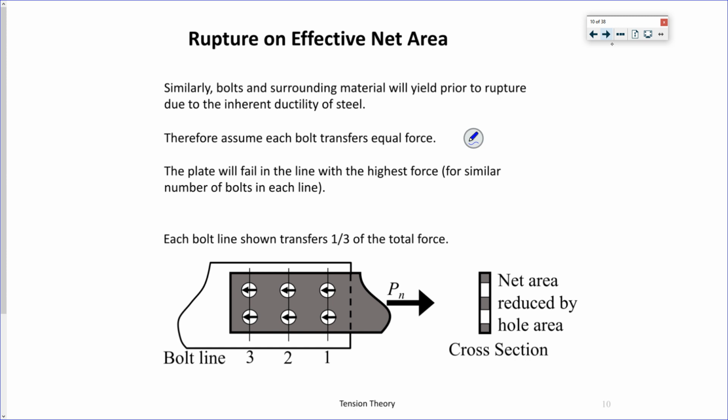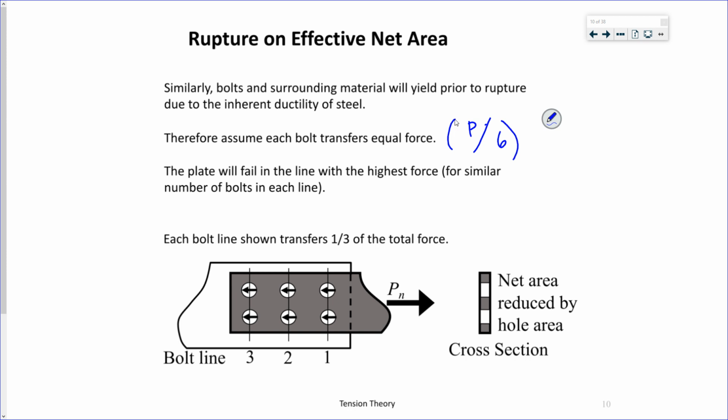So let's look at this. Similarly, bolts and surrounding material will yield prior to rupture. So we assume each bolt transfers equal force. There's 6 bolts, so each bolt transfers P over 6.